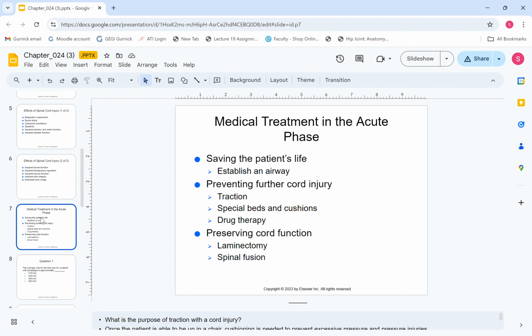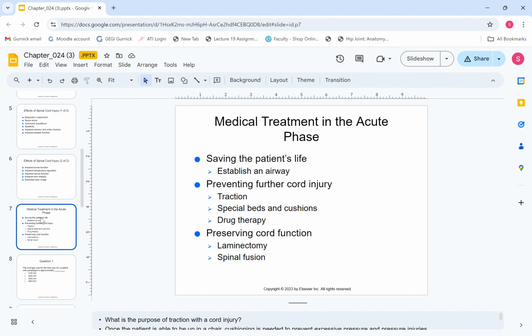All right, other things that will help a spinal cord injury patient are special beds and cushions. We might have a patient in traction, or they might not be in traction, but they have a spinal cord injury, and we need to turn them. It might be hard to turn a patient with a spinal cord injury.